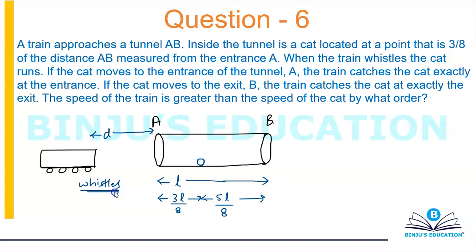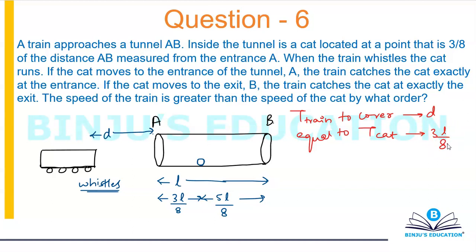Okay. All right. If the cat moves to the entrance, the train catches the cat exactly at the entrance. So what is this statement basically saying? Let me put it this way: time taken by train to cover D is equal to time taken by cat to cover a distance of 3L/8.